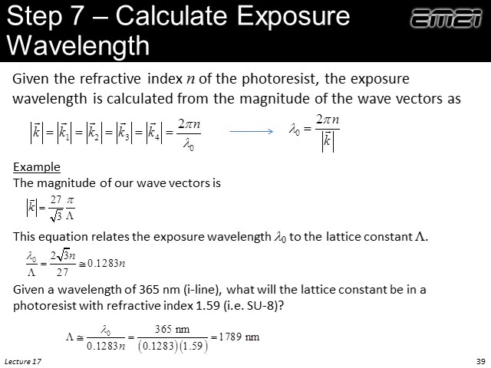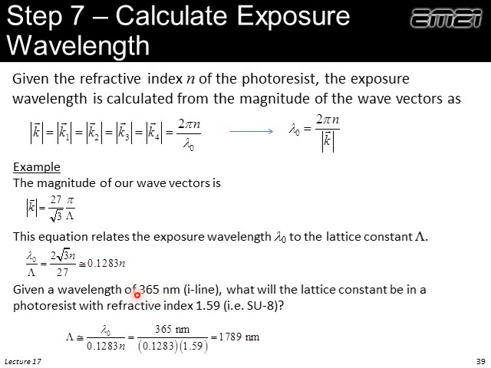Also, the resists that we use are usually only sensitive over a relatively narrow range of wavelengths. So usually the free space wavelength is fixed. And we can fill in here now, we can put 2 pi n over magnitude of k, and then we have an equation that relates the free space wavelength and lattice spacing to refractive index. And here's what we can use to do this.